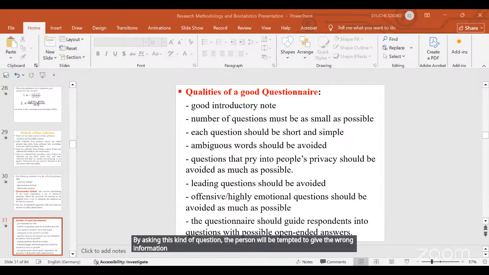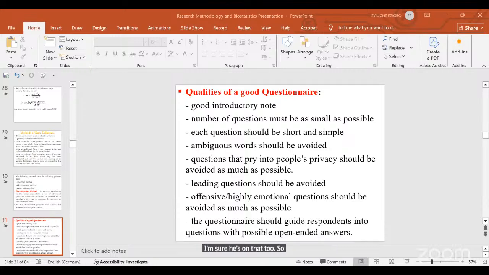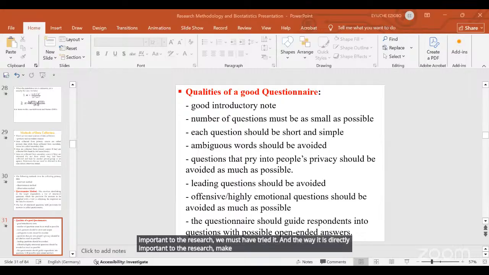I'm sure it's understood. So any private question whatsoever that is not directly important to the research, we must avoid it. And where it is directly important to the research, make sure that you don't ask any traceable question that can be used to trace the participant.